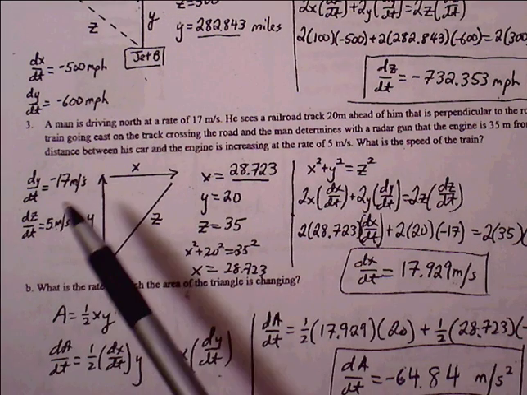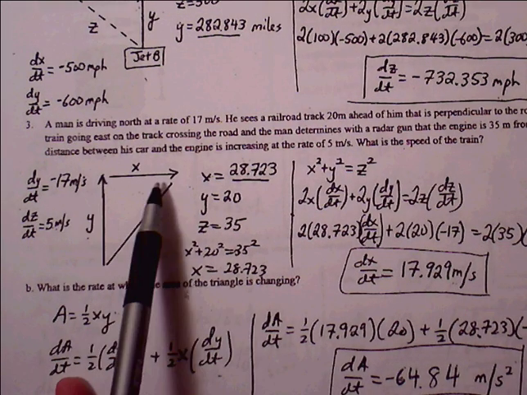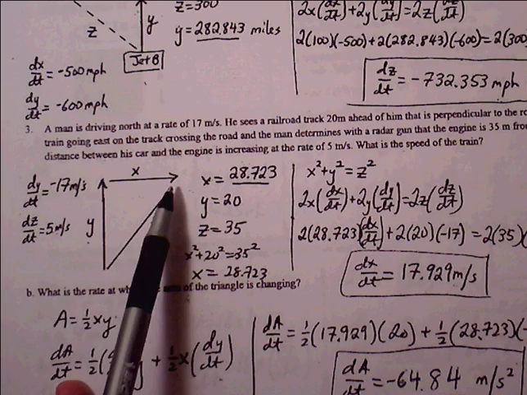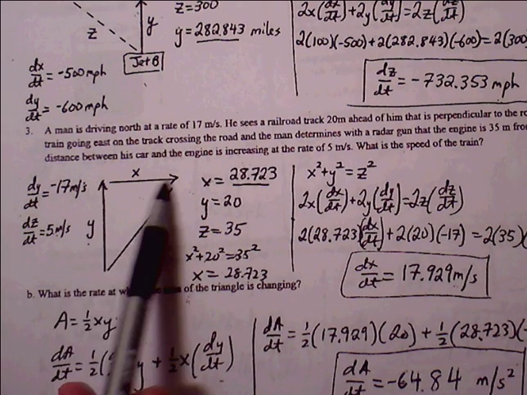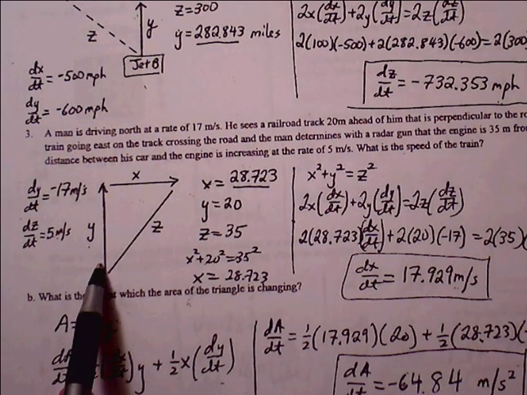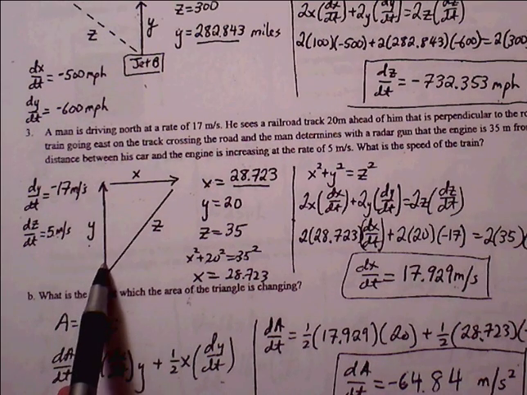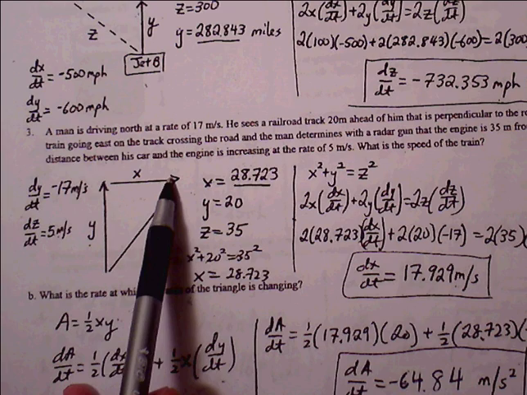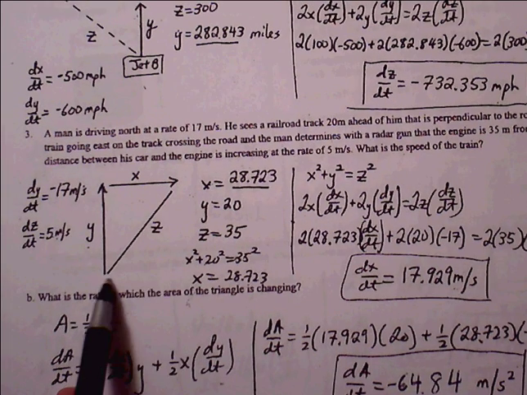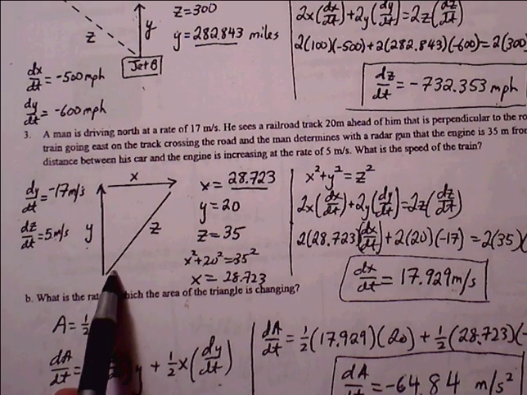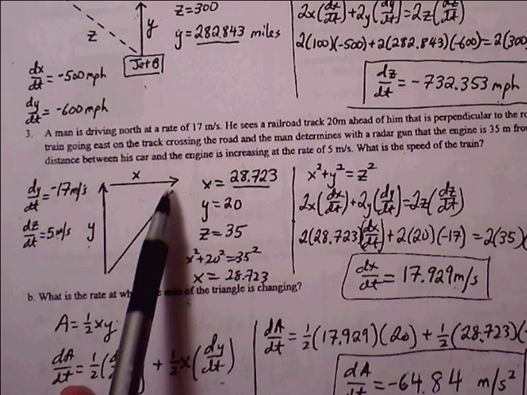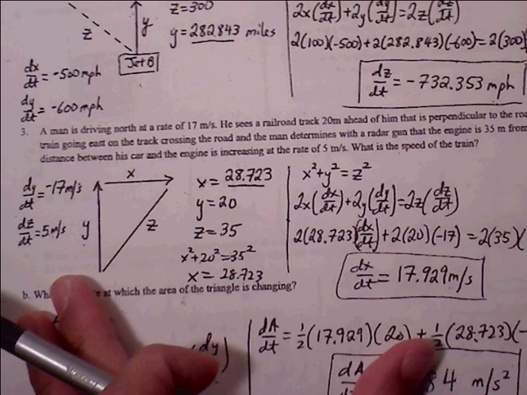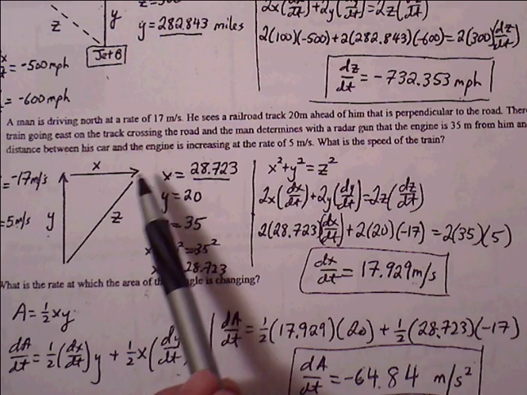All right, so the moment that he passes, we can create a right triangle out of that distance. We have the man driving north, we have the railroad track going to the east, and then the distance at any moment in time between the car and the train.